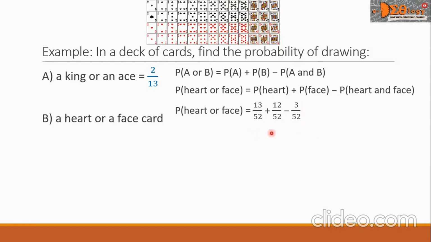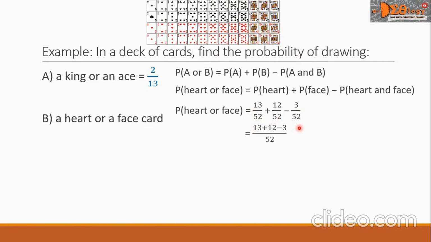Then let us simplify the fractions. We can see that the denominators are the same, so we can write the numerators 13 plus 12 minus 3 all over the same denominator 52.